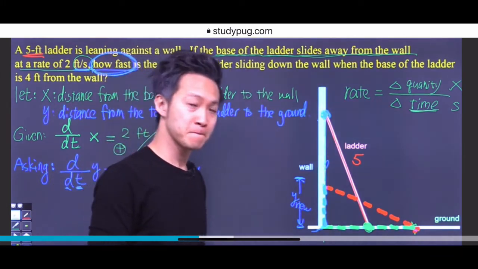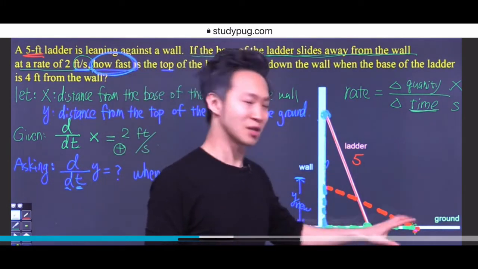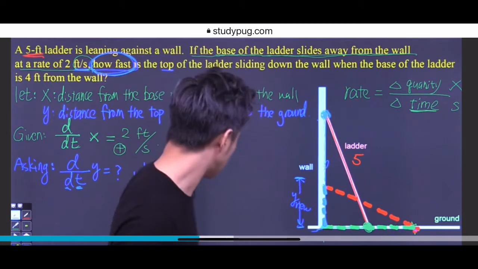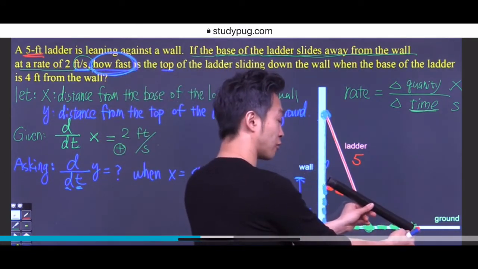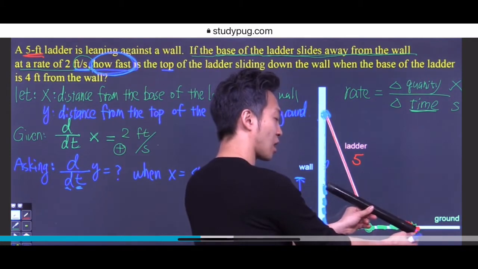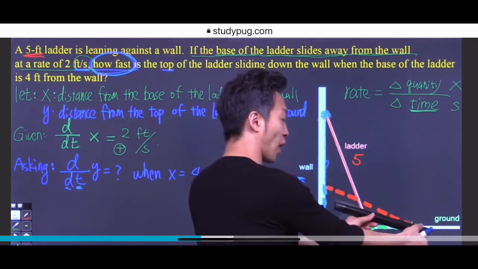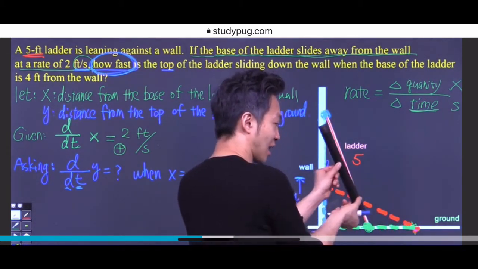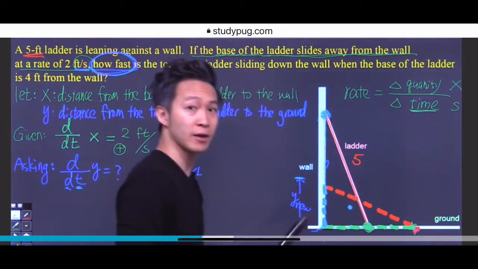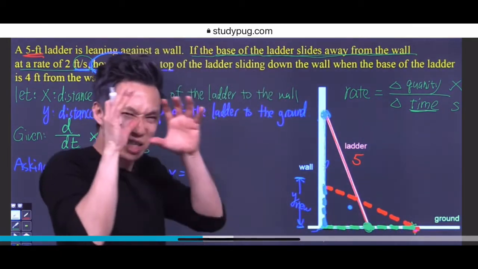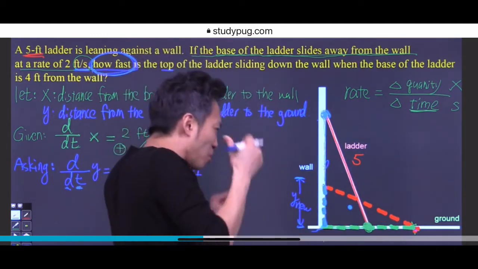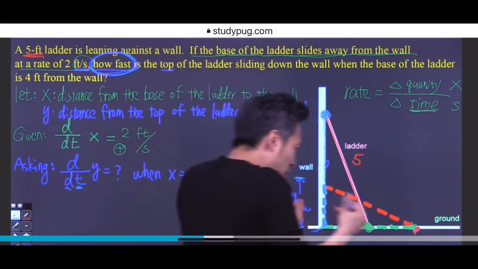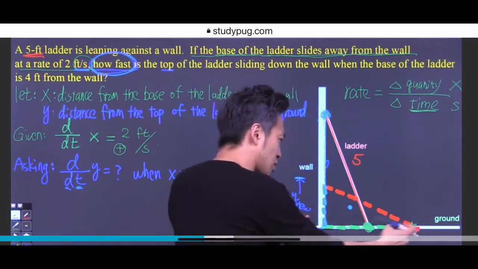Now we know this triangle doesn't just stay like that, because the base of the ladder constantly slides away from the wall. Now let's just take a snapshot for this moment. So the moment, that split second, when x is equal to 4, we've got this triangle here.